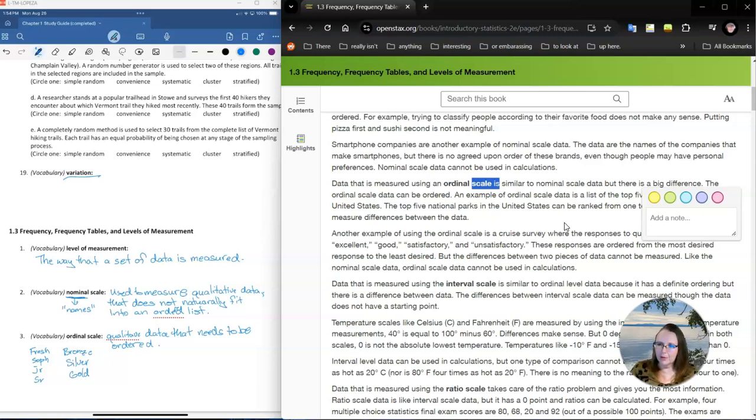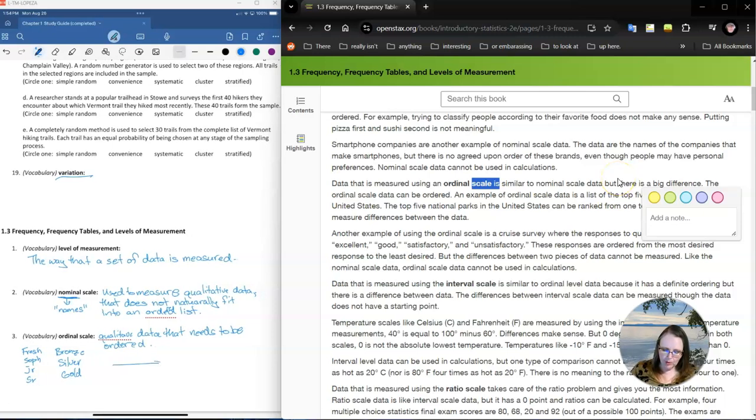Anytime you have categories, but there is an order implied in the categories, or the 0 to 5 scale of how satisfied you are. Satisfaction, that Likert scale we talked about in the last video. How satisfied you are, we can put that in order from not satisfied to fully satisfied.